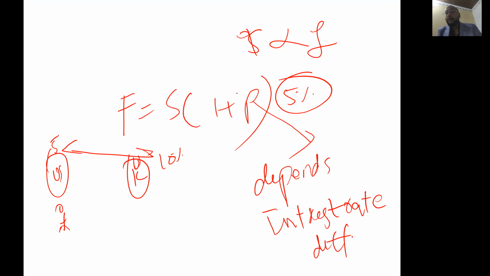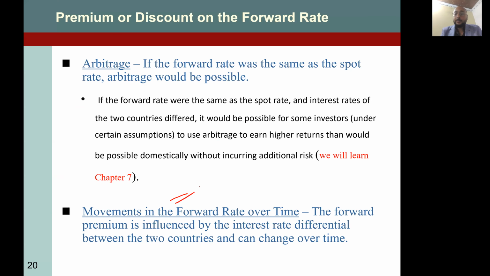The forward of the pound is going to be at a 5% premium. All right. The forward rate depends on the interest rate differential between two countries. All right, not inflation, interest rate differential.